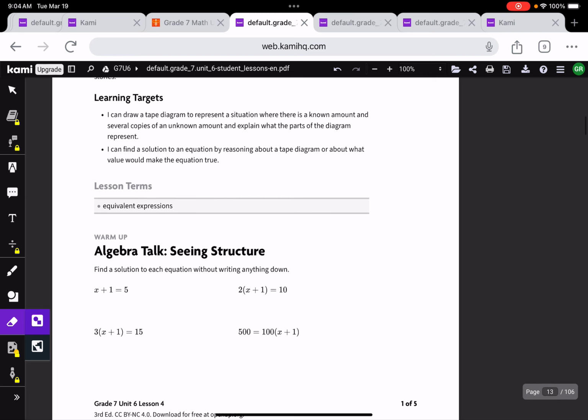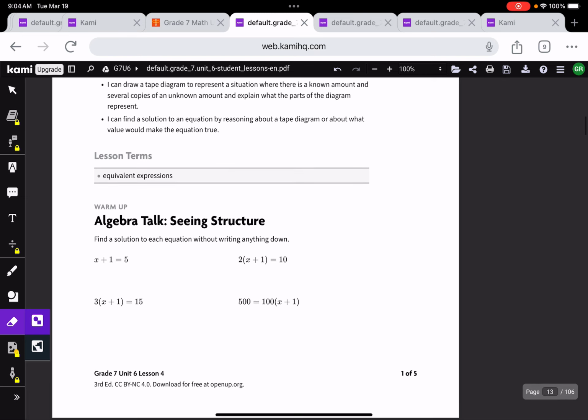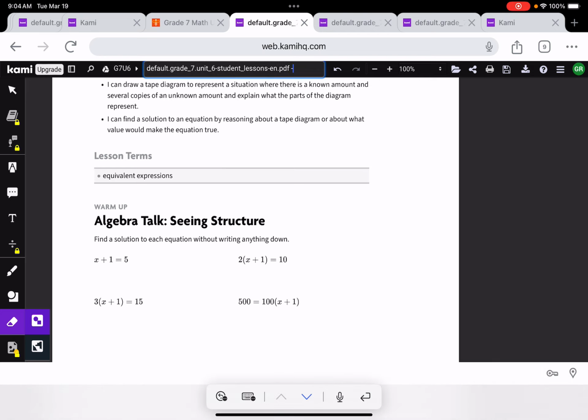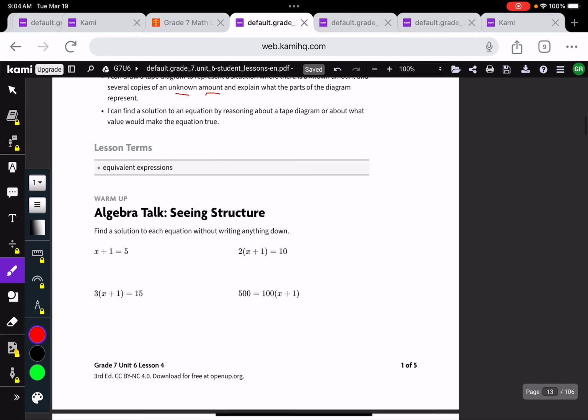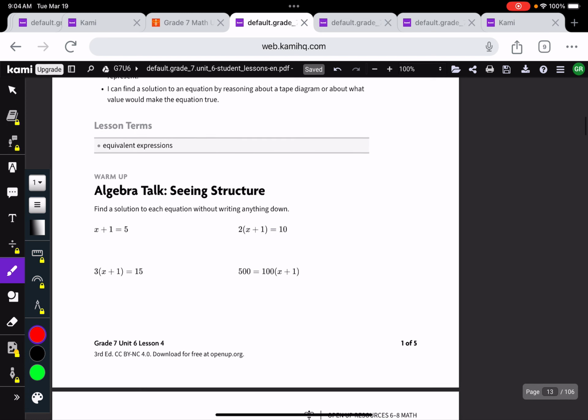So if you look at the learning targets, it says I can draw a tape diagram to represent a situation where there is a known amount and several copies of an unknown amount. In other words, X. And then explain. So you've been doing this, and then I can find a solution to an equation by reasoning about the tape diagram.